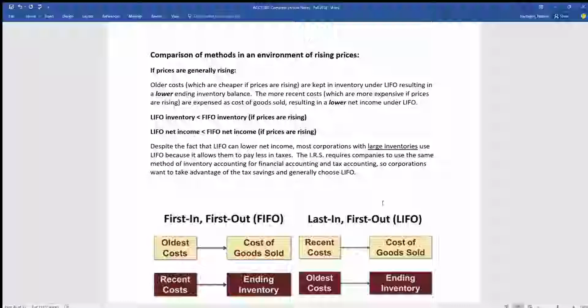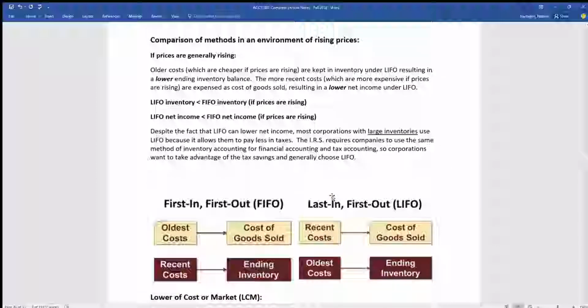If you do decide to change, you have to put in documentation why you changed. And believe me, that's more of a headache than other things. But 9 times out of 10, LIFO is going to be your best. So when you get into the real world, you're probably going to see LIFO if they have an inventory system. It's just how it usually goes.